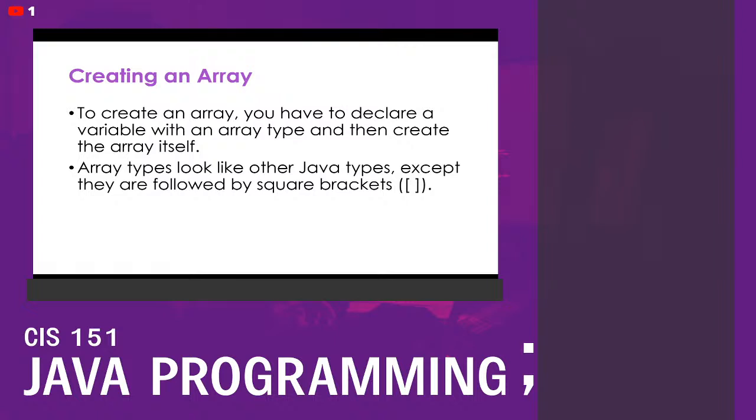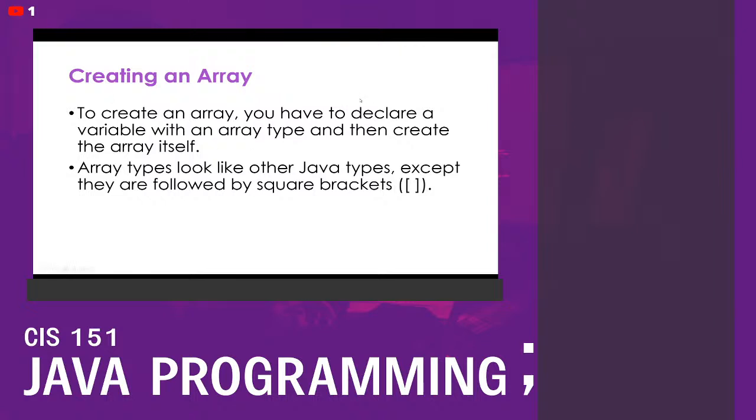So to create an array, you have to declare a variable with the array type. And having an array type is just the same as you would with a variable type, except after that type, you're going to put a pair of square brackets to denote that it is an array type.